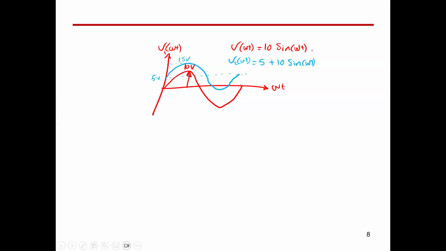Let me return back to the same color again. So the first one here was v1. So this is v1, and the second one here is v2.